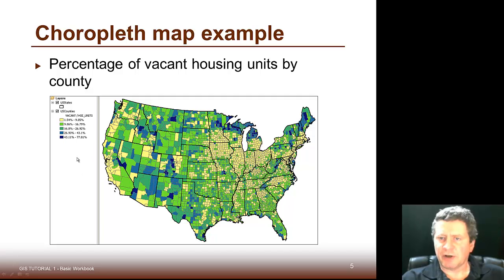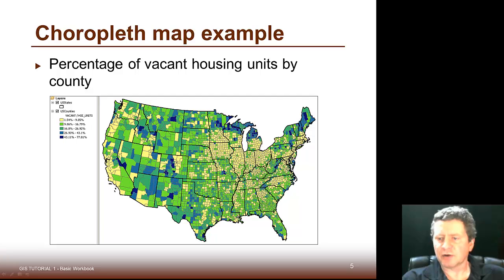So here's the percentage of vacant housing units by county, and the idea here is that a Chloropleth map will allow us to convey some information. What you're trying to do is tell a story with this map. And the story here is, where are there large percentages of vacant homes?